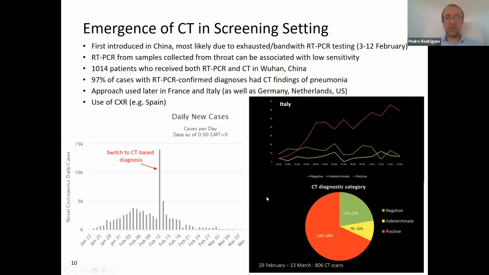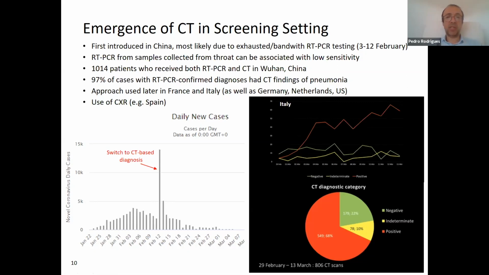This is an interesting case in Italy. Typically at the start of the crisis in COVID-19, still a significant number of cases were negative or indeterminate, and as the prevalence of COVID-19 increased, it was very clear that a significant number of cases would be positive for COVID-19.